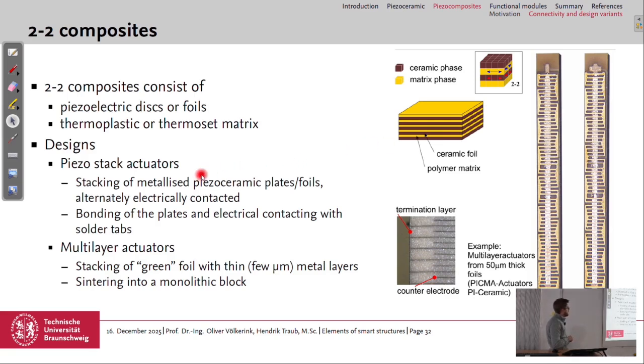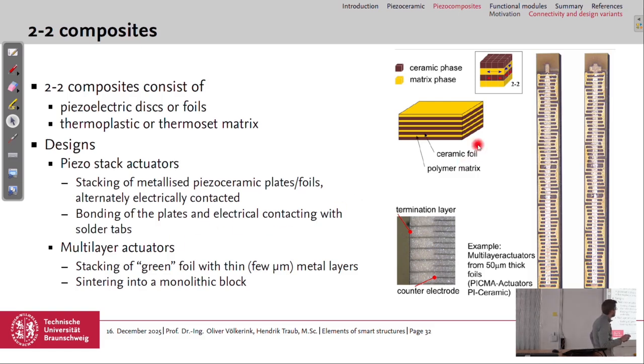And you can manufacture it in two ways: stacking of metallized piezoceramic and connecting them alternately. So you have composite discs with electrodes on top of each other, and then you just stack them, bond the plates and solder the tabs at the side, or you stack green foils, so not yet sintered foils, with metal layers, and then sinter the overall stack together with the electrodes to build up the stack.